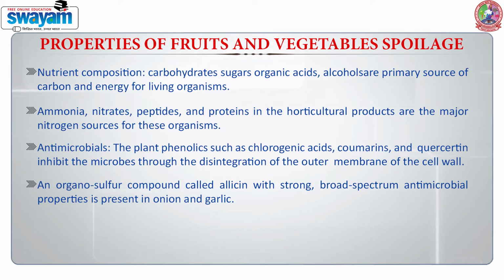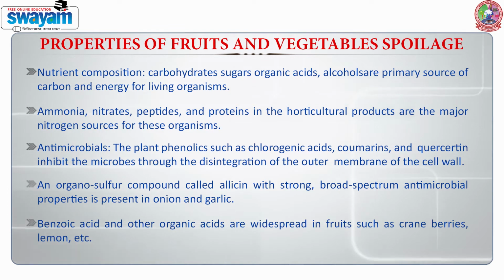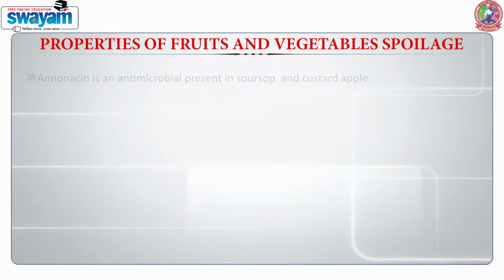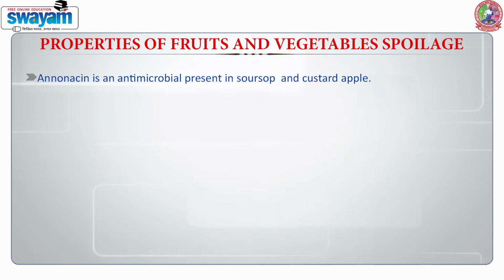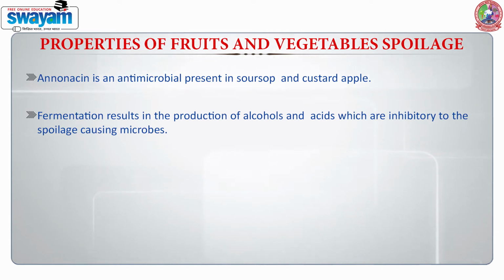Another example is benzoic acid and other organic acids which are widely present in fruits such as cranberries, lemons, etc. Annonacin is an antimicrobial present in soursop and custard apple. Fermentation results in the production of alcohols and acids which are inhibitory to the spoilage microorganisms.